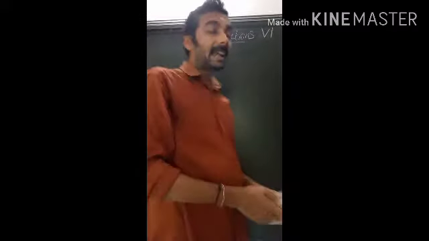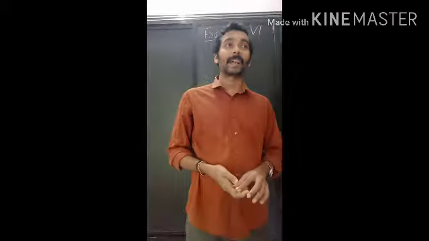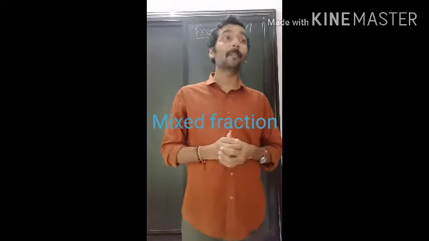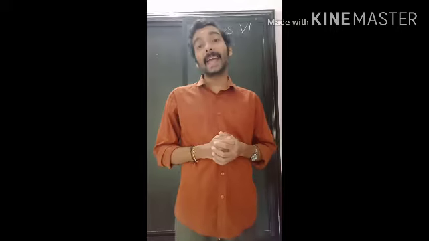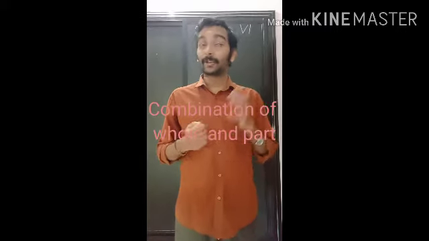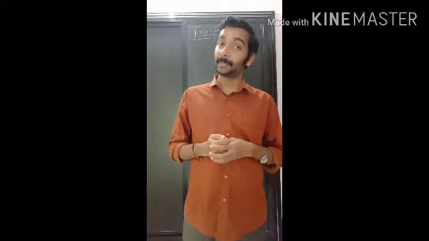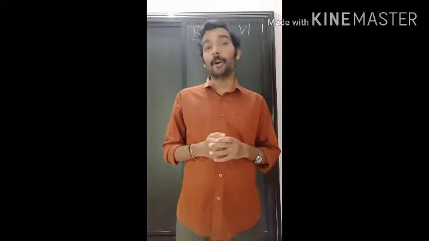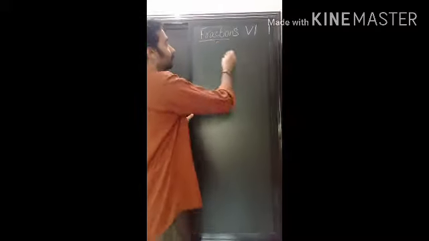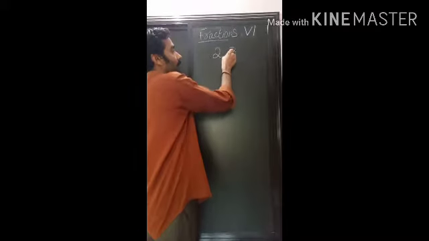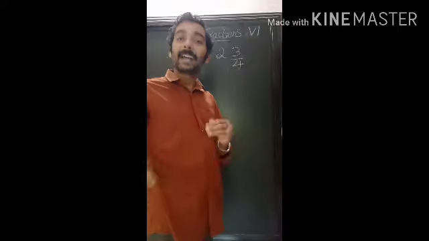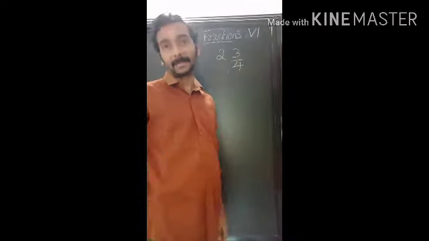Then the third one is the mixed fraction. A mixed fraction is a combination of a whole and a part. Examples of mixed fractions are 2 3 by 4 and 1 5 by 6, like that.